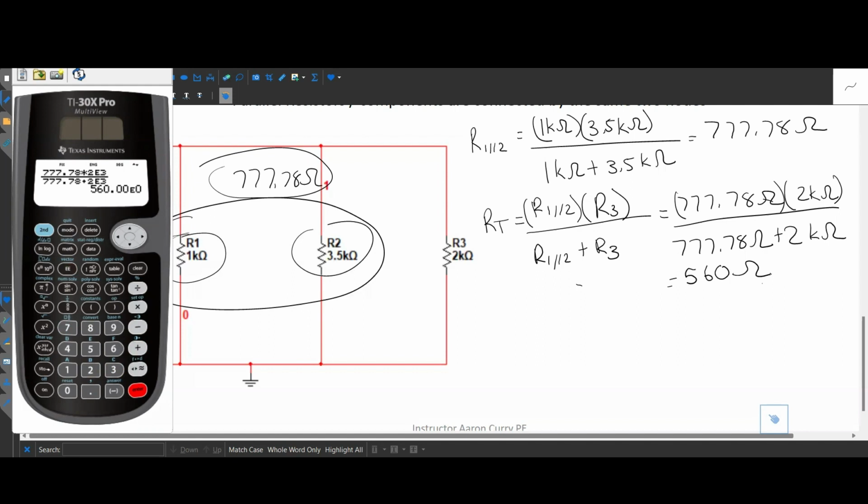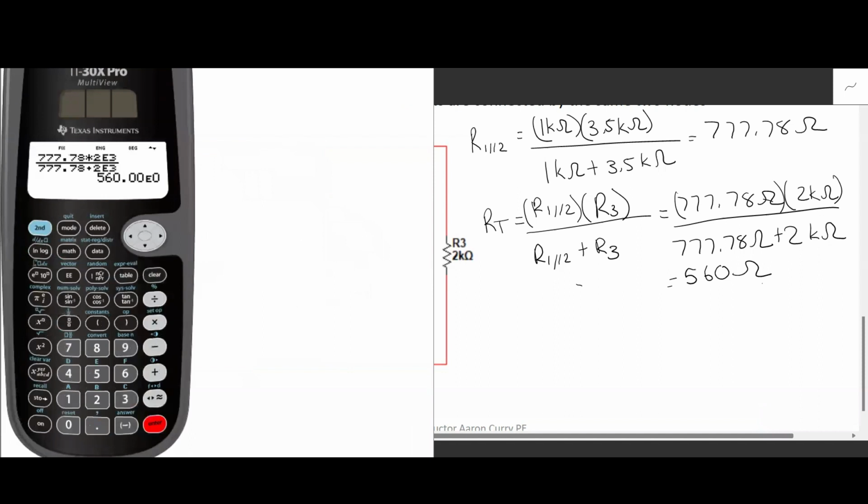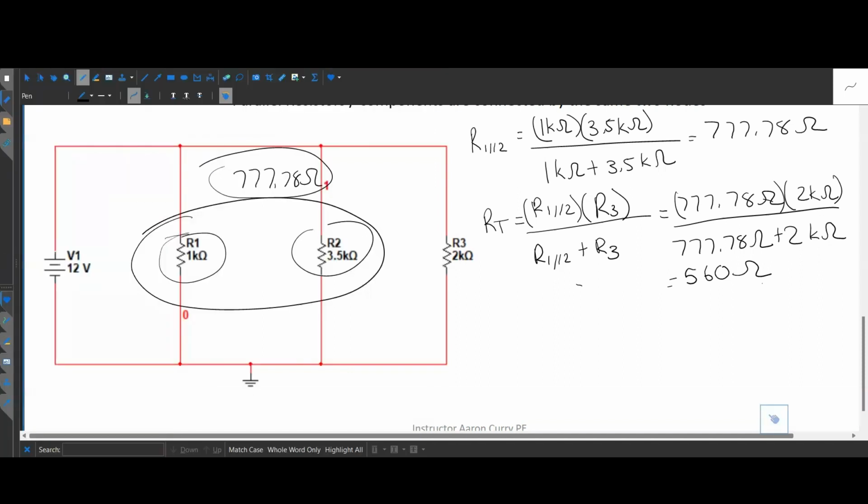Now, if we did it the other way, you can just do it straight up. We can say R total is equal to 1 over R1 plus 1 over R2 plus 1 over R3.